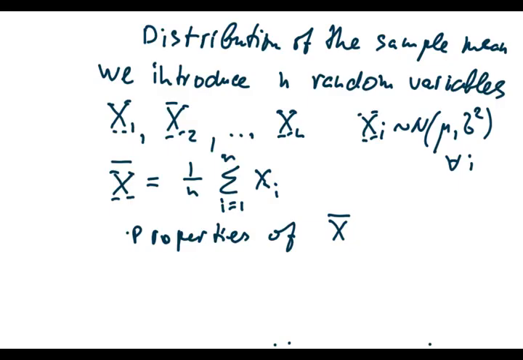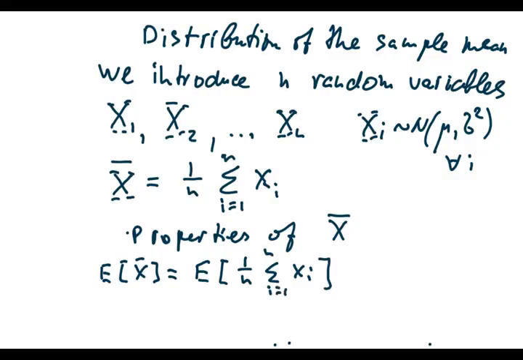A couple of things we can find out straight away. For example, we can find what is the expected value of x bar, which is given as a combination of xi's.